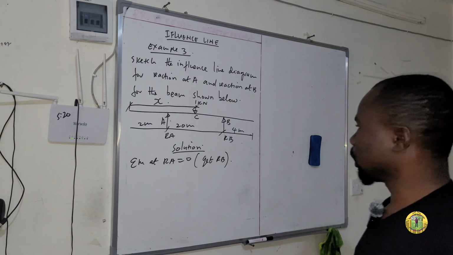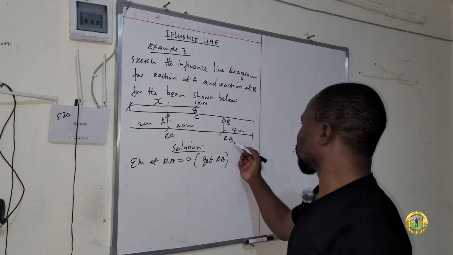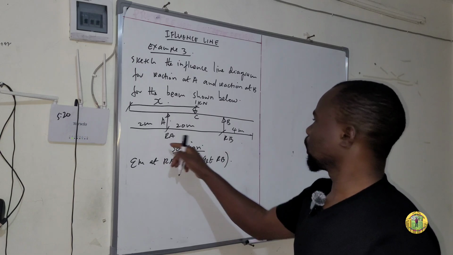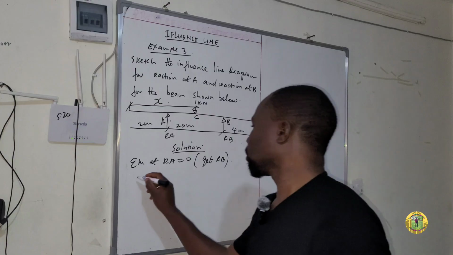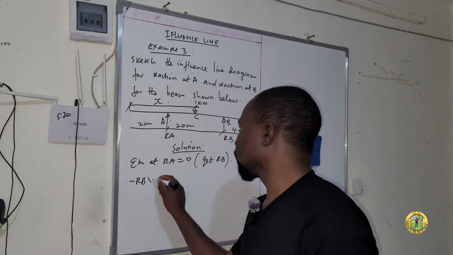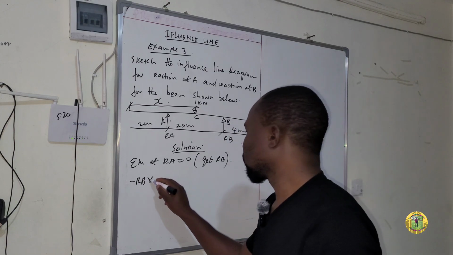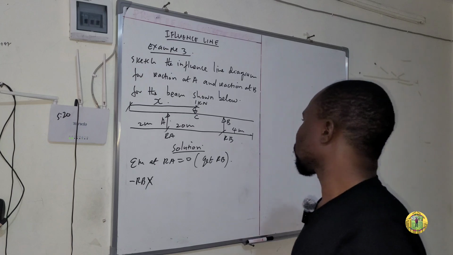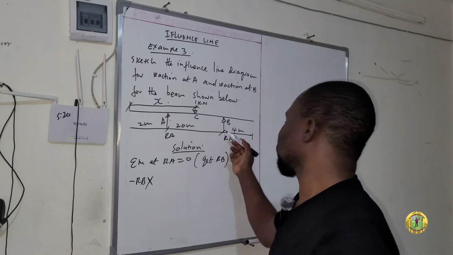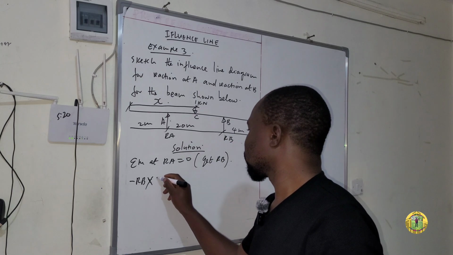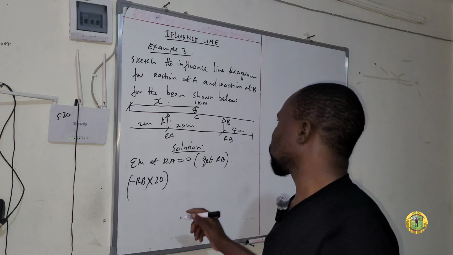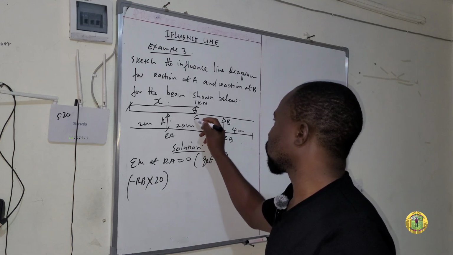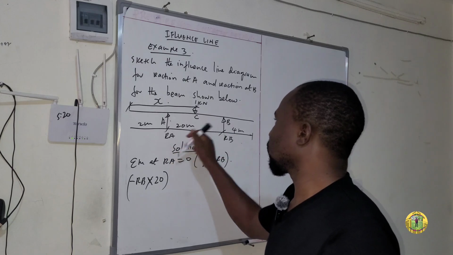At RA is equal to 0. This one will help you to get RB like that. So in which direction is RB moving in reference to point A? It is moving in anti-clockwise direction. So this is minus RB times the distance. From RA to RB is 20. As you can see, it is 20. So times 20. Then you come to 1 unit load. In which direction is this 1 unit load moving in reference to RA?